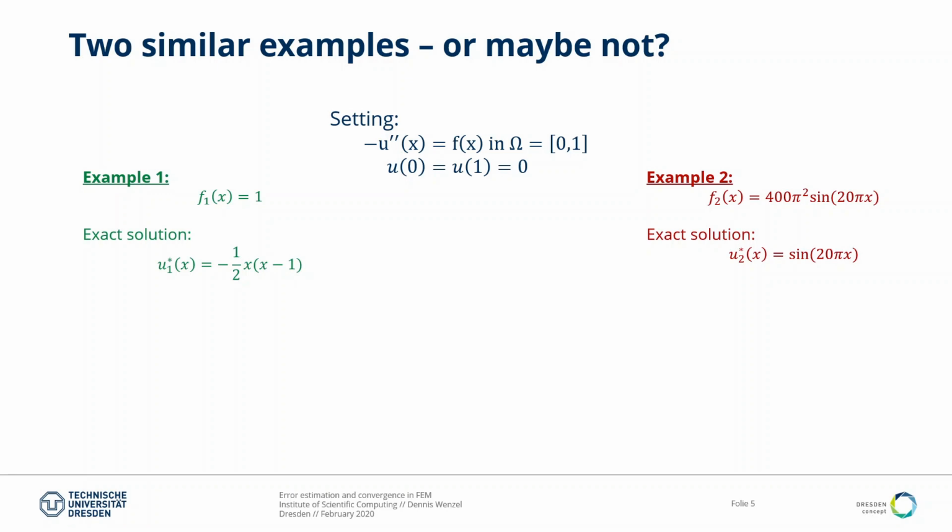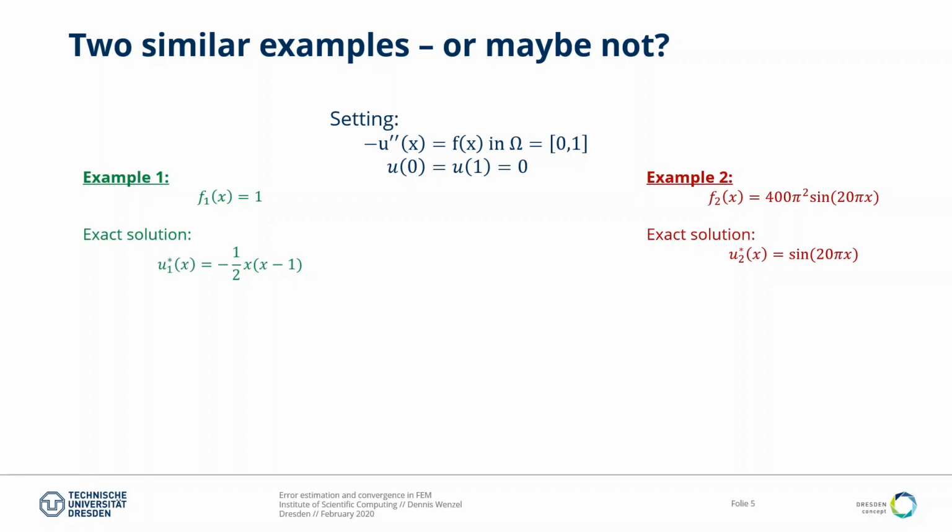The first thing you see here on the left-hand side, example number 1, is just with a constant f as 1. This is something you've seen before. This is the typical parabola shape that you have seen in different simulations before, so it's easy to construct the solution from simply integrating and then inserting the boundary conditions.